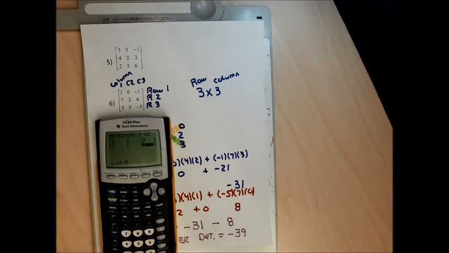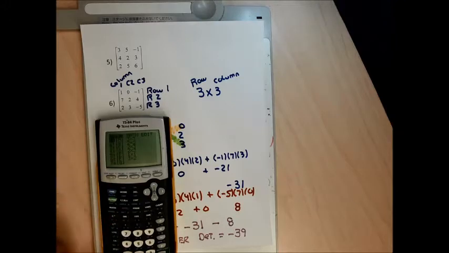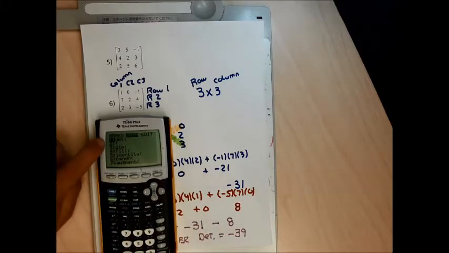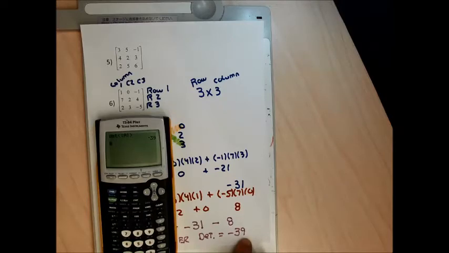Have the matrix in perfectly, then second and quit, and then second and the matrix key again, this time over to math. Determinant is selected, so just hit enter. Now get the name in there by going second and the matrix key again, hitting enter on A, closing the parentheses and hitting enter, and it gives me exactly that answer, so I know my answer is correct.